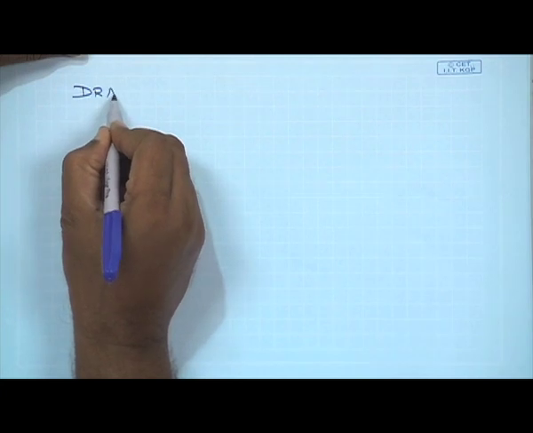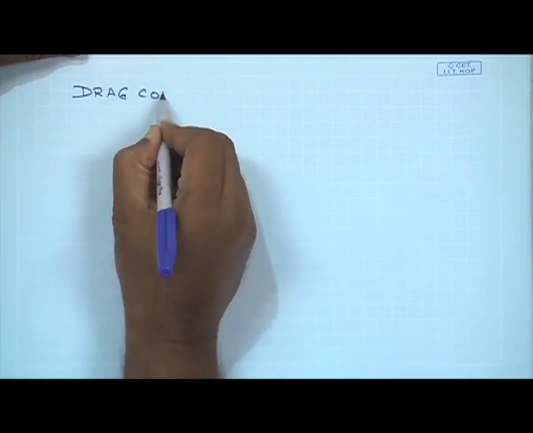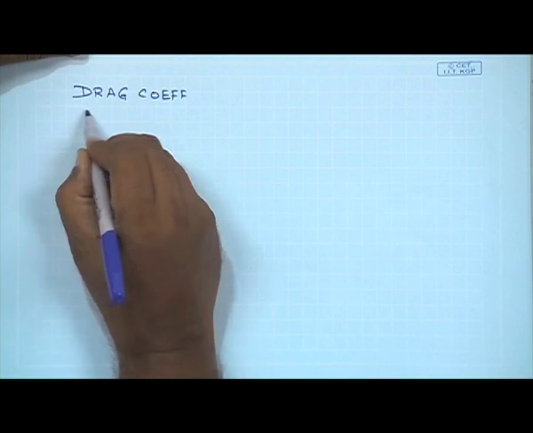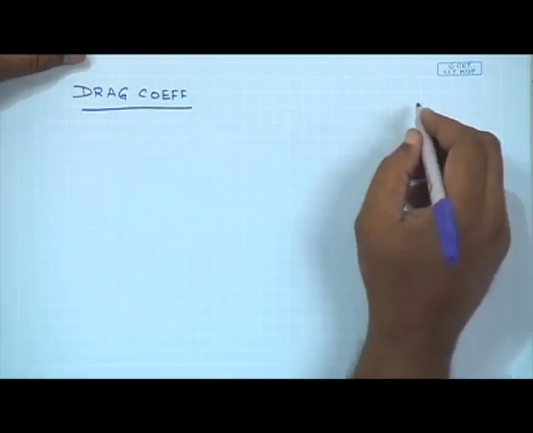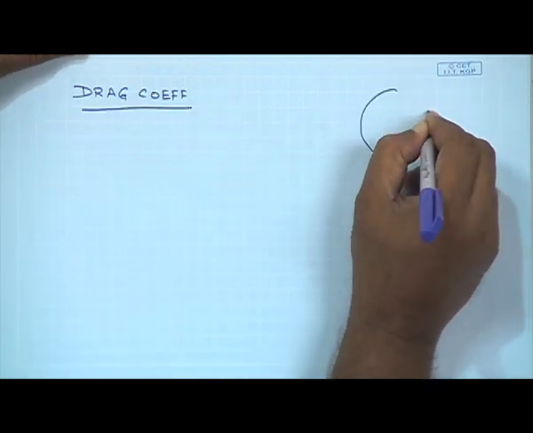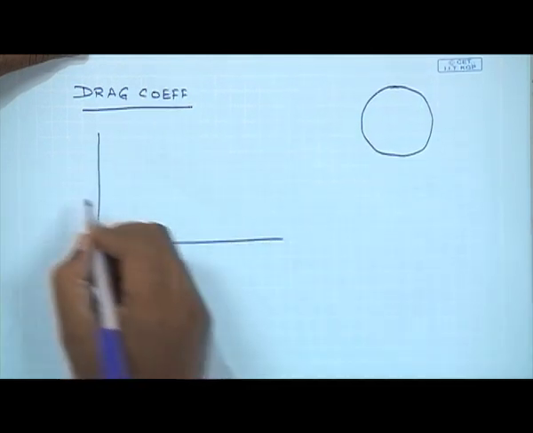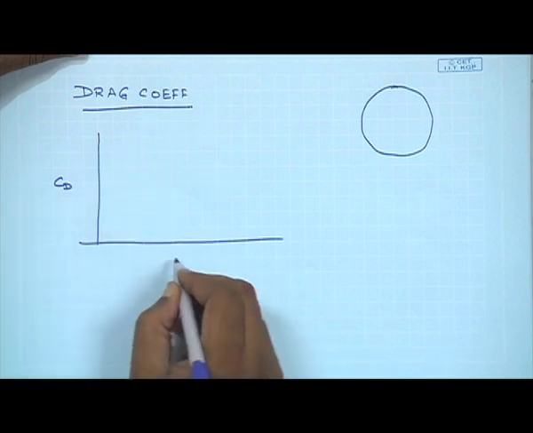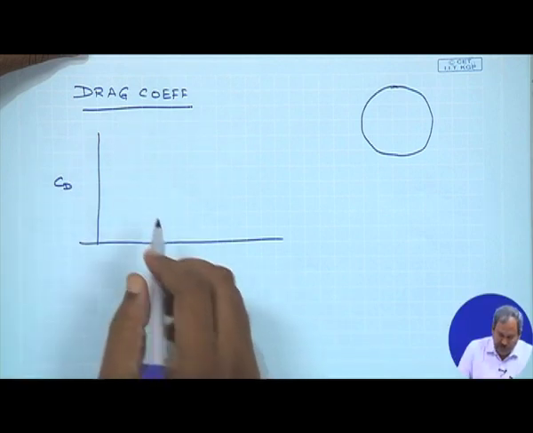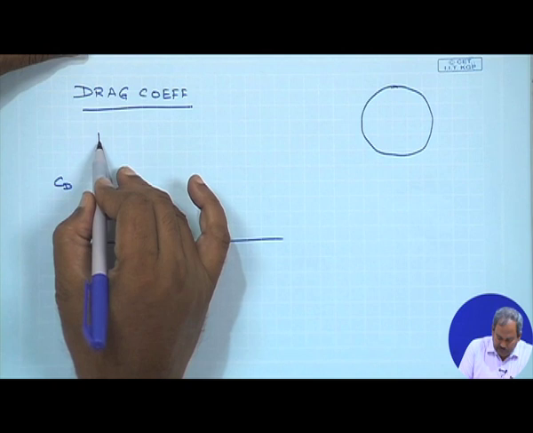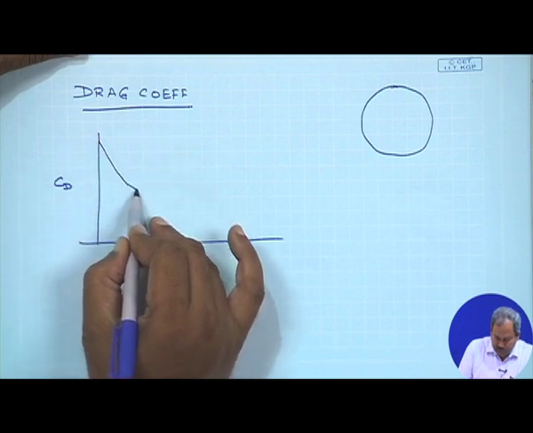So with that, I think I have covered most of the things that I wanted to cover in this part, but there is one curve that I would like to show you, the drag coefficient of a sphere. If we have a sphere and we plot experimentally how CD varies with Reynolds number, initially we are going to see that it's almost like a straight line.